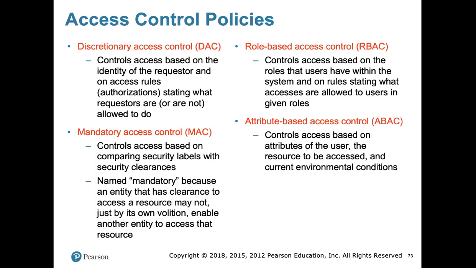The name mandatory comes from the fact that none of the users or requesters should be able to change the security label or security clearance of another user or requester, either by a legitimate set of operations or by violating some operation.